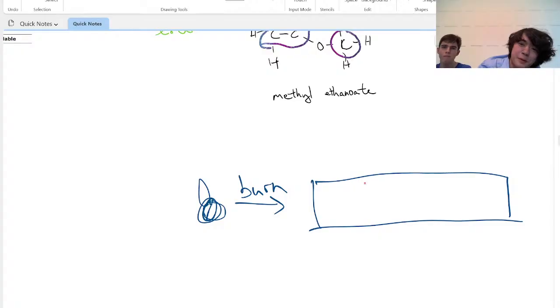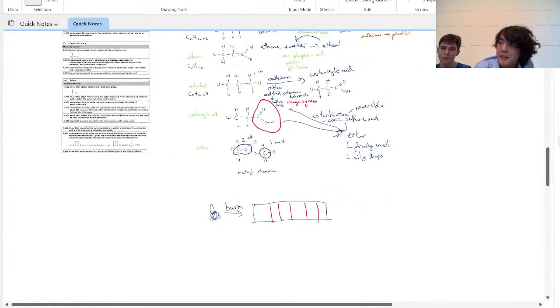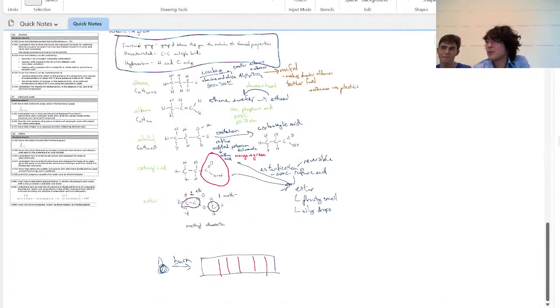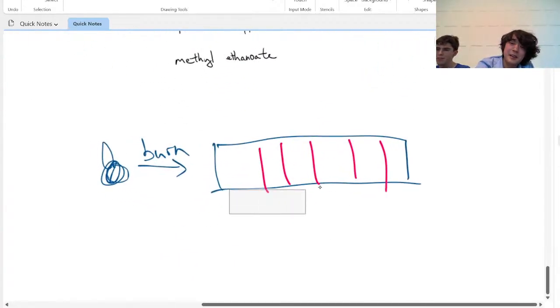It'll look like a rainbow, and it has stripes on it. I think it's triple high. And each metal ion will have its unique stripes.